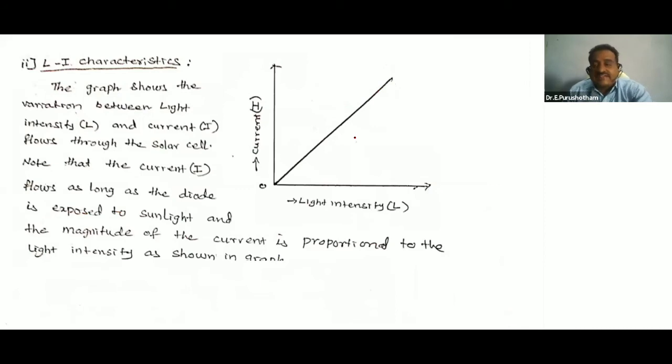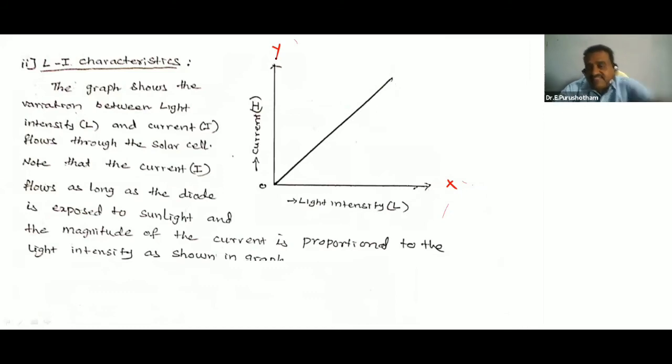So LI characteristics: take light intensity on the x-axis, and current on the y-axis. The graph shows the variation between light intensity and the current I flowing through the solar cell. Note that the current I flows as long as the diode is exposed to sunlight, and the magnitude of the current is proportional to the light intensity.